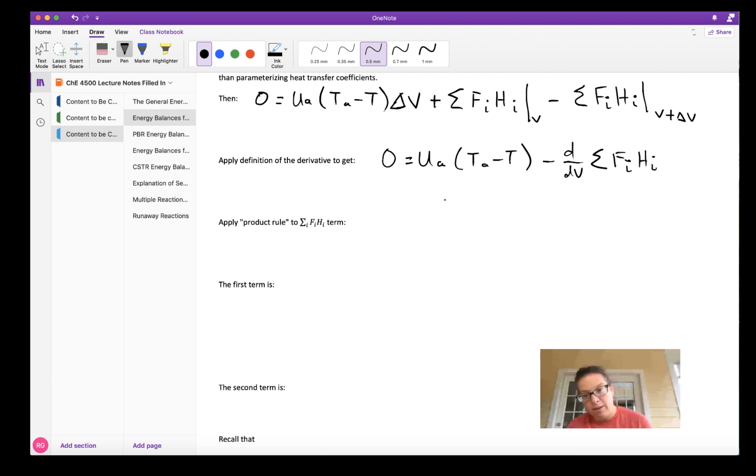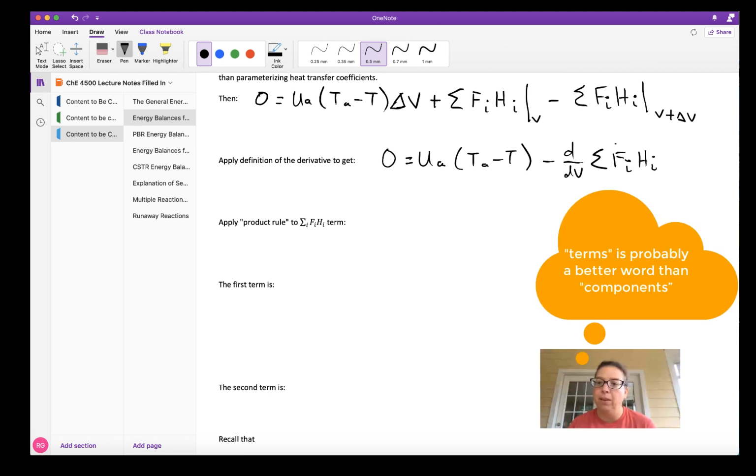So this is our heat transfer term. Our d/dV term is still operating on this term here. So we have two components here: the molar flow rates and then the heats of formation.